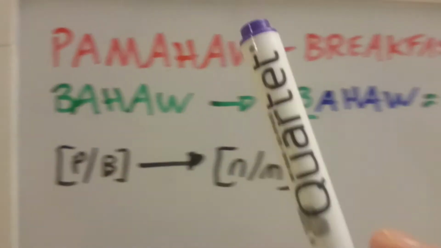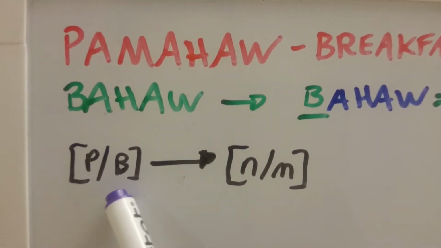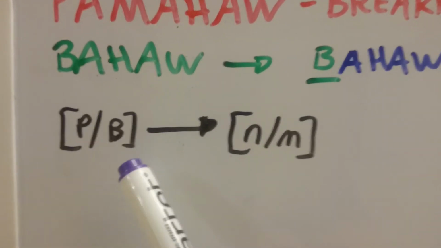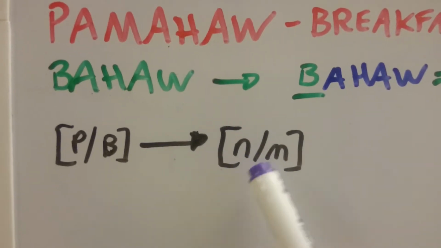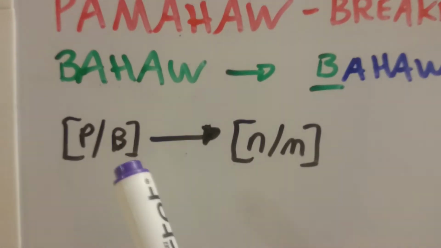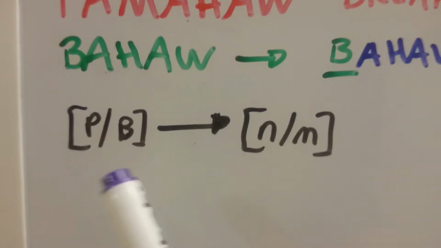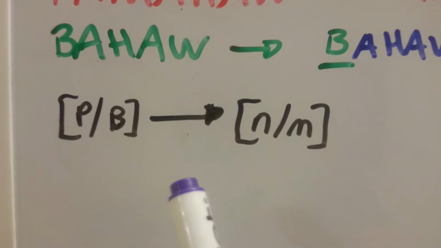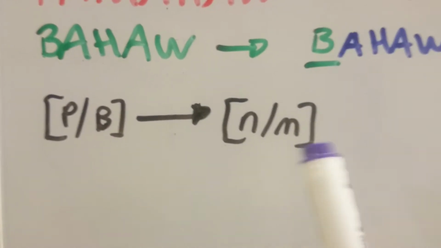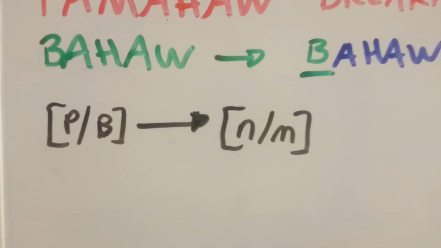So for this morphological process of assimilation, we have the p and b consonants, right? Those bilabial sounds, the voiceless and voiced bilabial sounds in Cebuano, get assimilated into the n and the m, the nasal kind of bilabial sound.